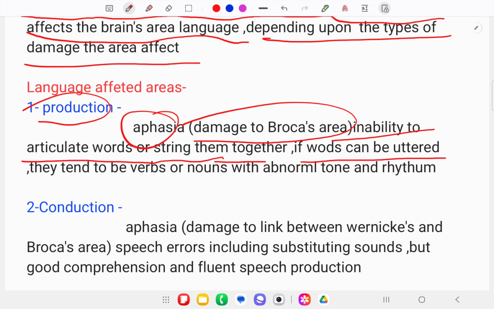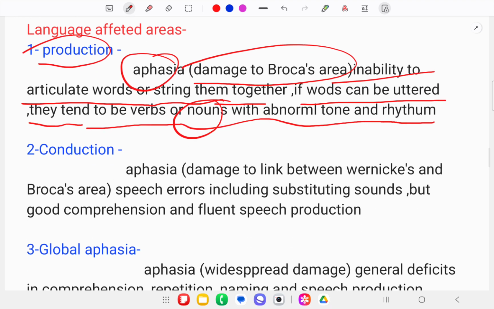If words can be uttered, they tend to be nouns or verbs with abnormal tone and rhythm. They use only nouns and pronouns, but not verbs. They use words like I, me, my, something like that.